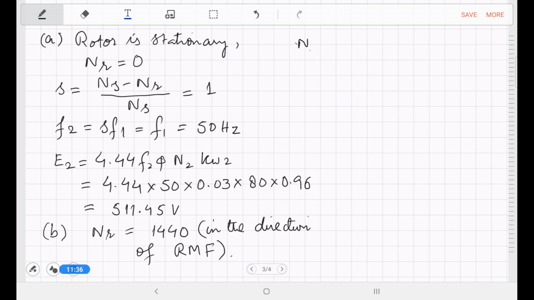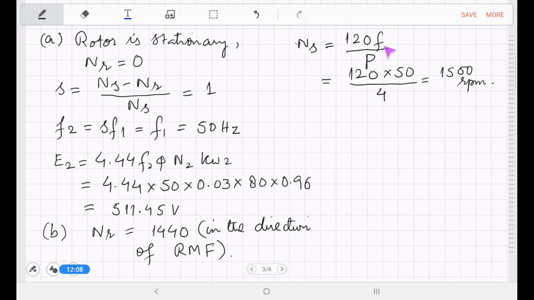NS is in RPM of course, therefore it will be 120 F upon P. We have already derived this expression, which will be equal to 120 into 50 by P. It is a 4-pole machine, so 6000 by 4, which is 1500 rpm. So for a 50 hertz supply for a 4-pole machine, the synchronous speed is 1500 rpm.